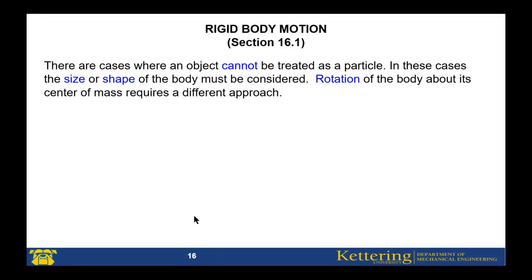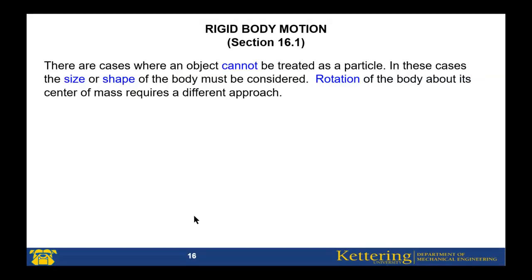Compared to the particle, for a rigid body the size and shape matter. We have the size now. Also, for the rigid body, we consider the rotation. You never heard from me about the rotation of a particle, because a particle doesn't have size.